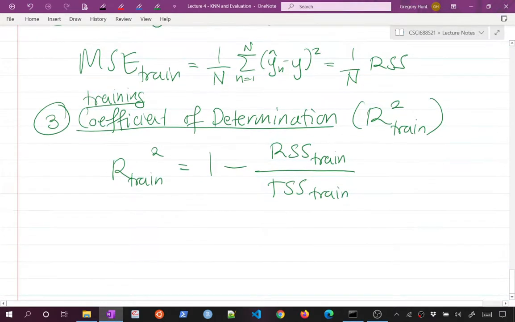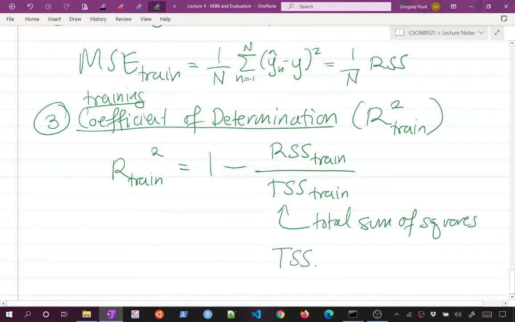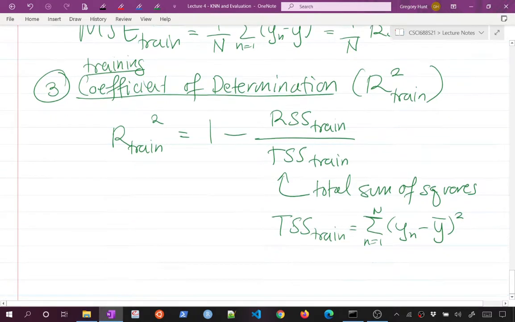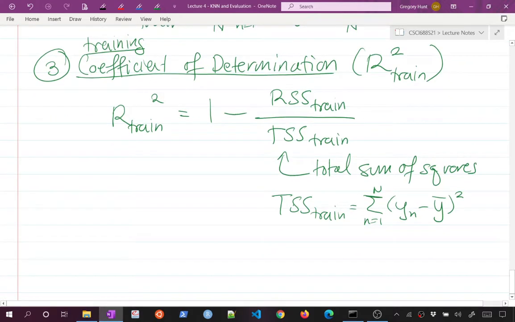Here, TSS train is the total sum of squares. TSS training is equal to the sum over my training data of the y_n's minus y bar, squared. So the y_n's minus their average, squared. Looks a lot like variance, pretty much is.